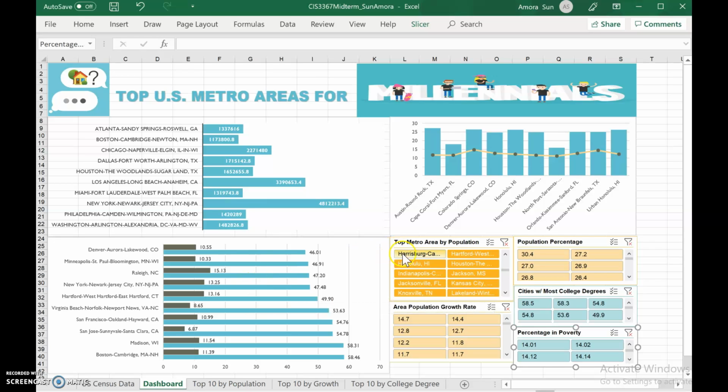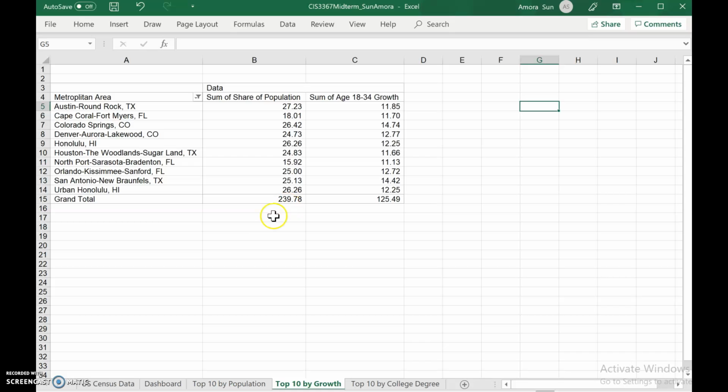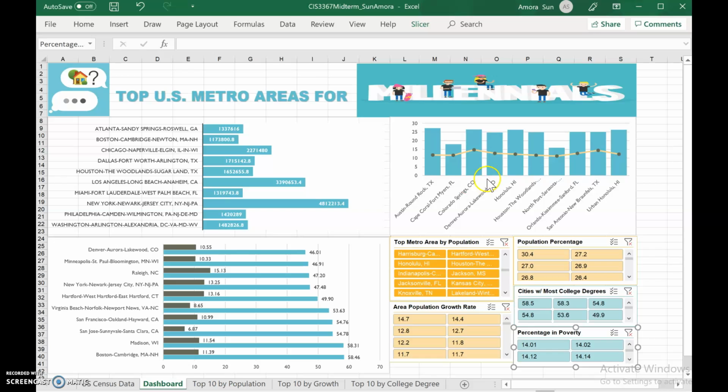The next set of data that I thought would be very interesting for us to see the relationship is the top 10 metro areas by the population ratio of millennials, as well as the population growth of millennials in the area, which is in this sheet that was used to create the pivot table and the slicers that we have here in the dashboard.